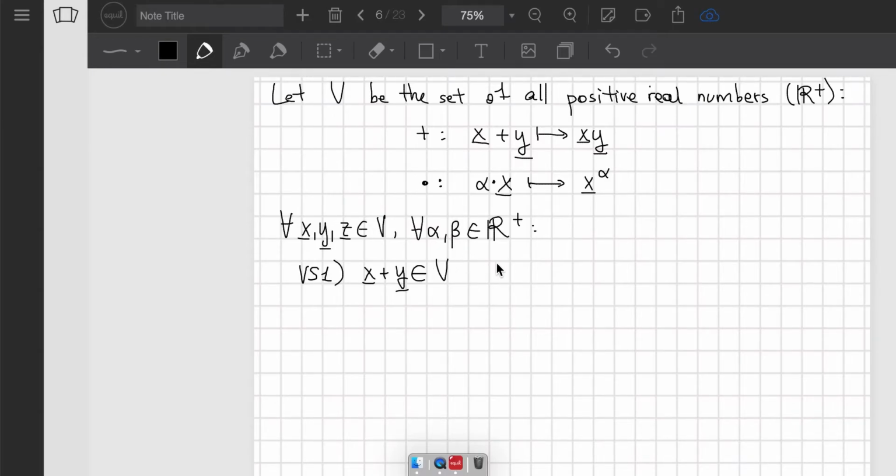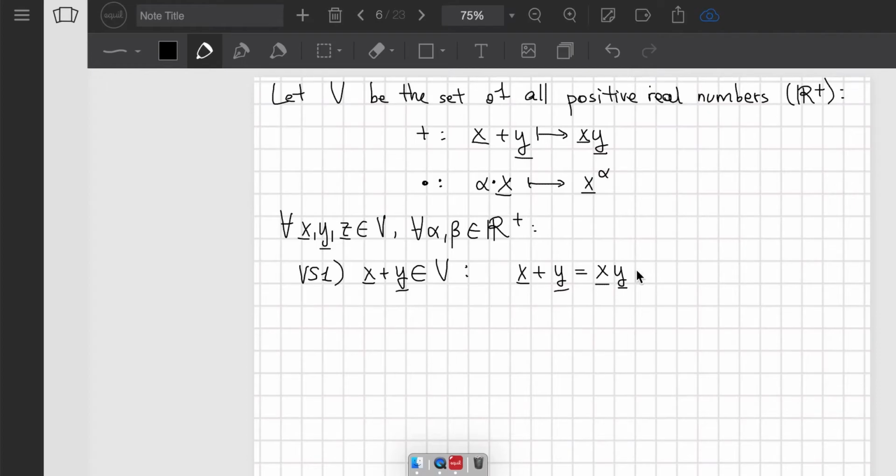So how do we prove this? Well, note that x plus y is equal to x times y, right? And since x and y are positive real numbers, their product must also be a positive real number. That is how the field of positive real numbers works.